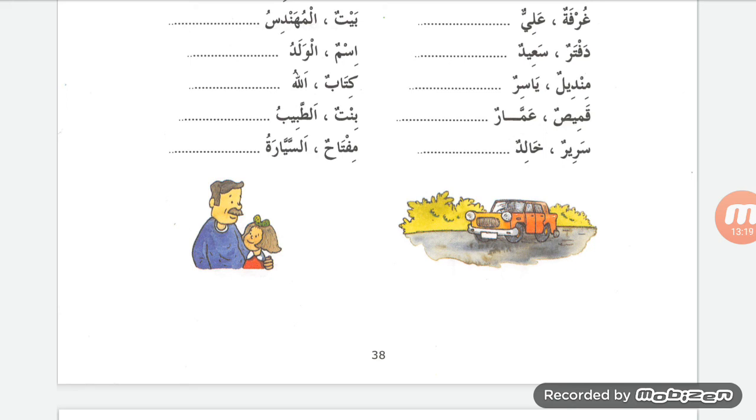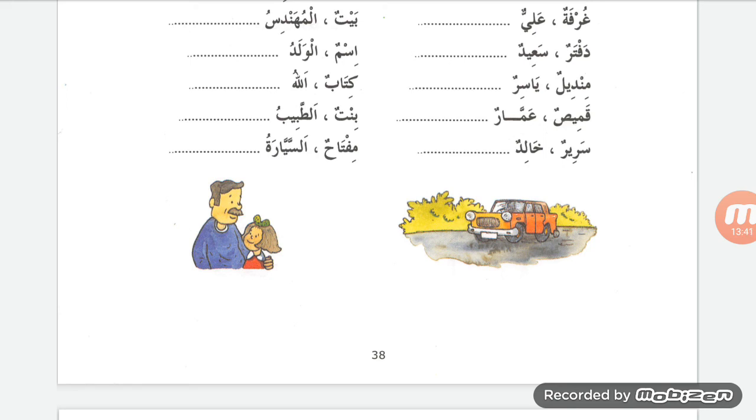When we look at the possessive phrase, murakkab idafi, the mudaf will not have an alif lam, number one, and its final letter will not have a tanween. So ghurfatu aliyin, ghurfa is mudaf, Ali is mudaf ilayh, room of Ali.